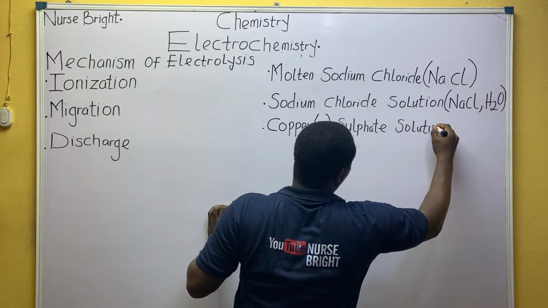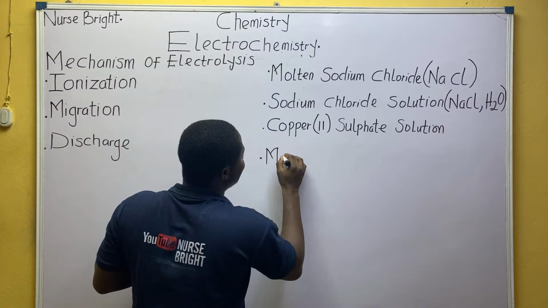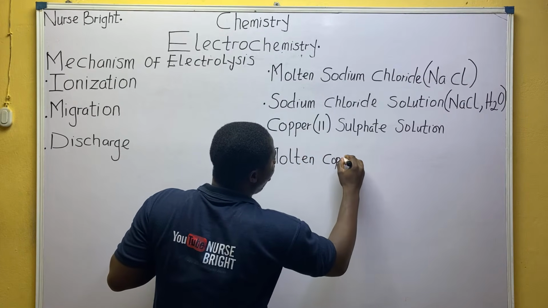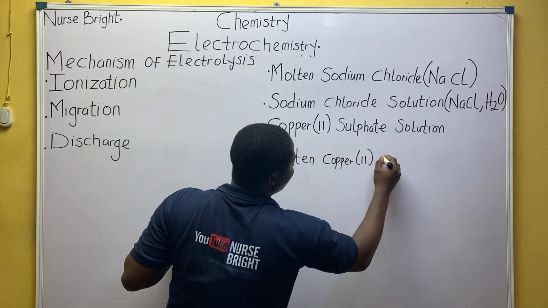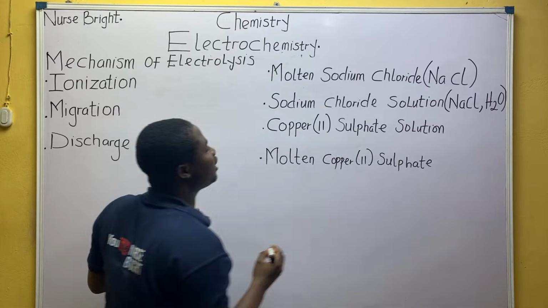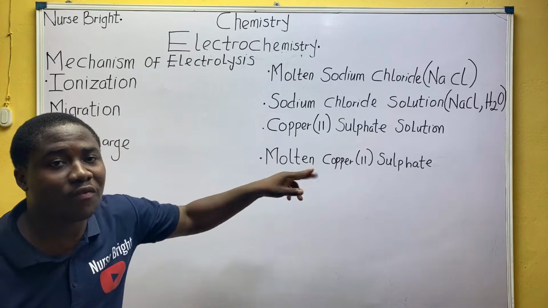And another which is molten copper 2 sulfate. Class, listen, this is very easy. Molten copper 2 sulfate and copper 2 sulfate solution.